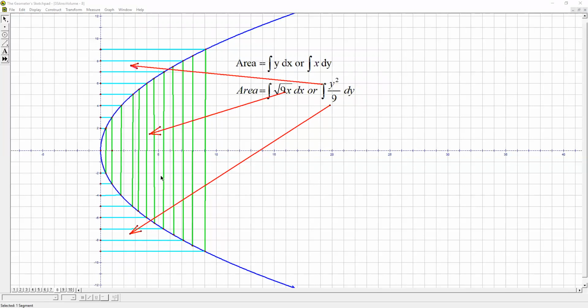The bottom part you cannot find, because the area under the curve is between the curve and the x-axis only, so you only found this part. So this is from 0 here until here is 4. From 0 to 4 is only this area here. The bottom one cannot be found. So in order to cover the whole area, you find the top, multiply by 2, then you get both areas.